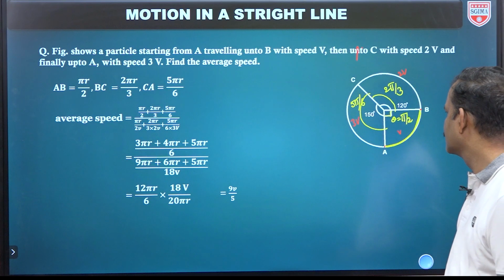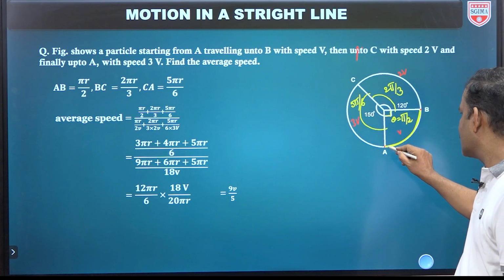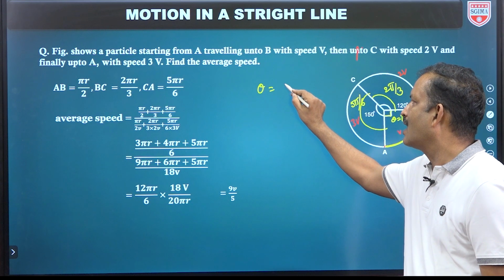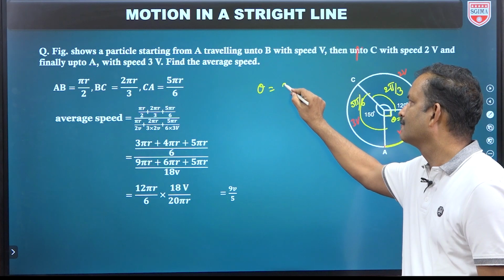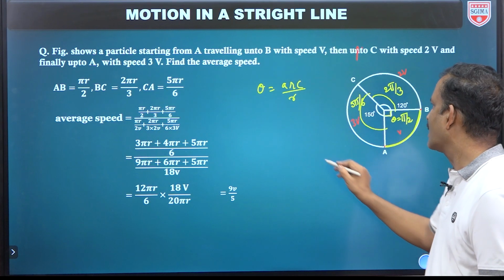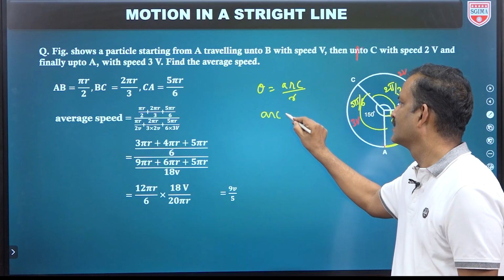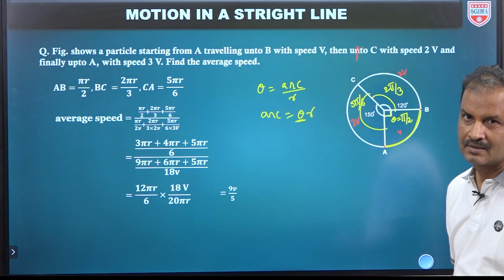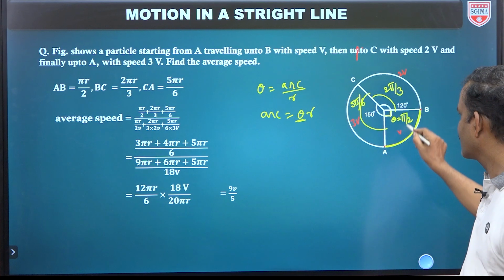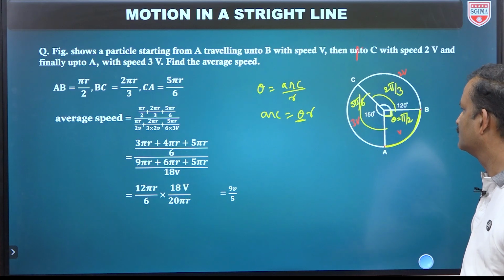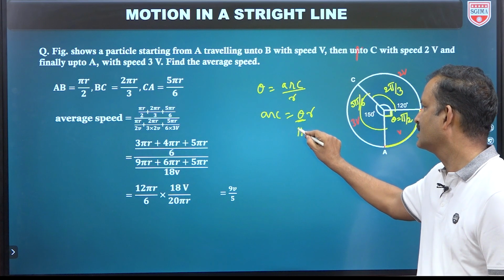You know that the angle theta is equal to arc by radius. So arc length is theta into r, but theta should be in radians. That's why I converted 90 degrees to pi by 2.